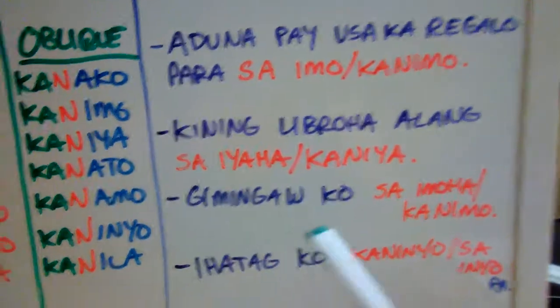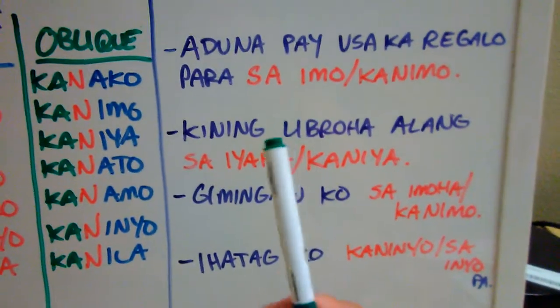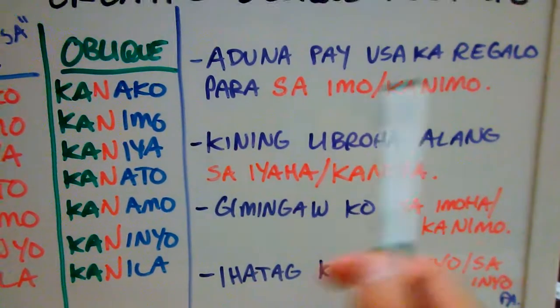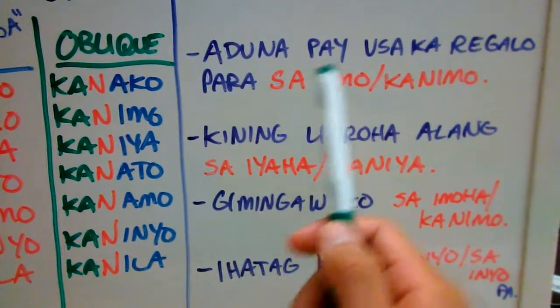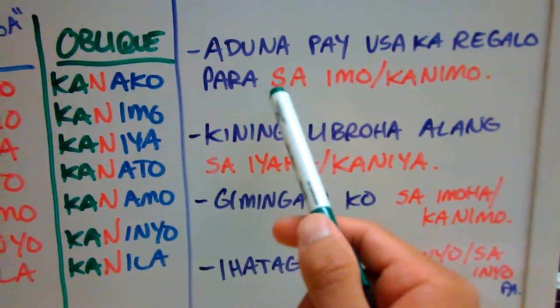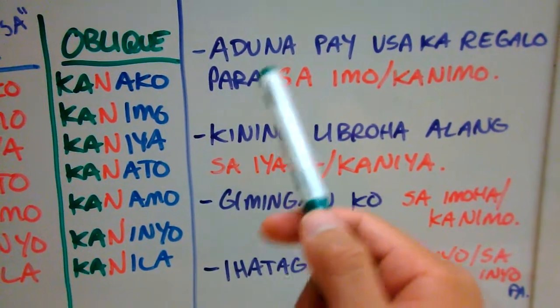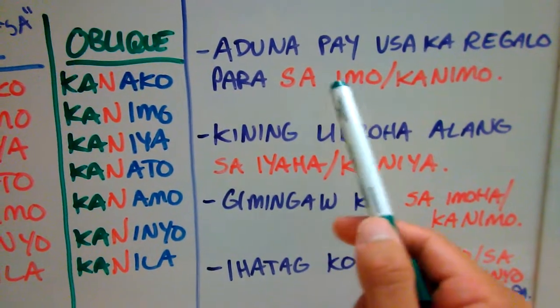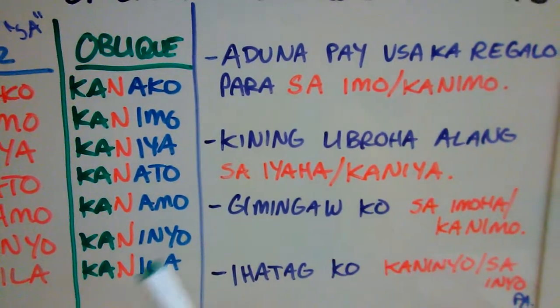And these are the example sentences I have. Aduna pay usa ka regalo para sa imo. Or it's also safe to say aduna pay usa ka regalo para kanimo. Sa imo or kanimo, they both mean the same thing.